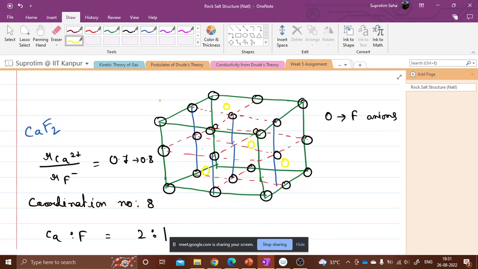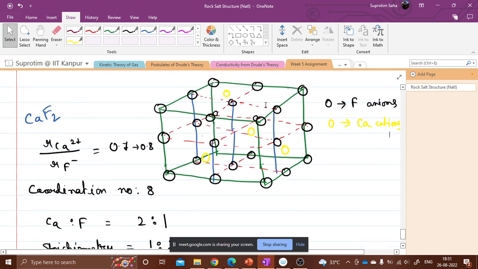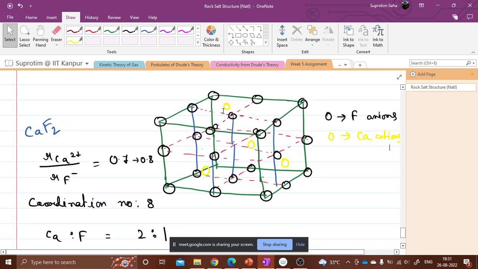The calcium cations will go into those body centers with 50% occupancy, because if you put them in all the cubes, the fluorine will have more nearest neighbors. So to avoid that, you put only 50% occupancy of the calcium cations. So this is for the fluorite structure.